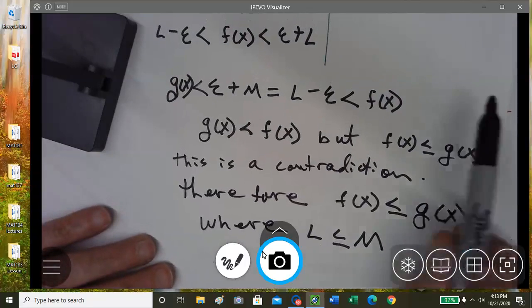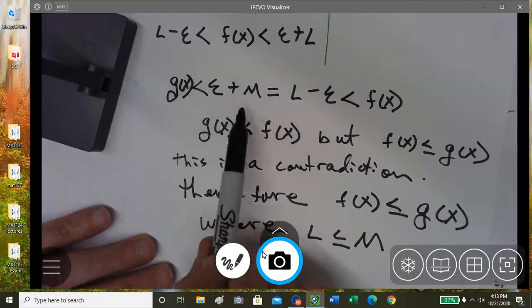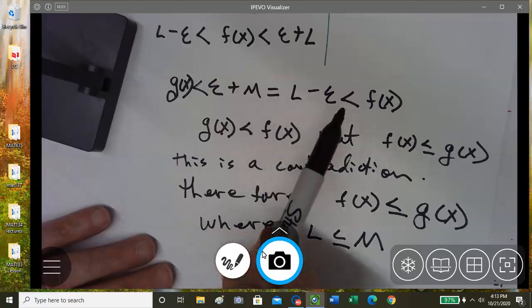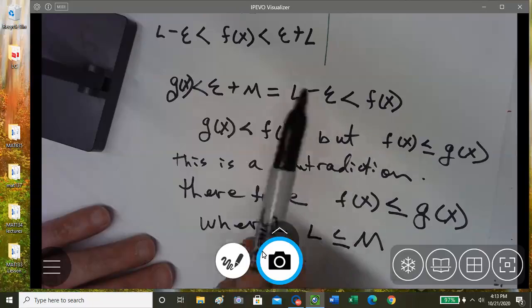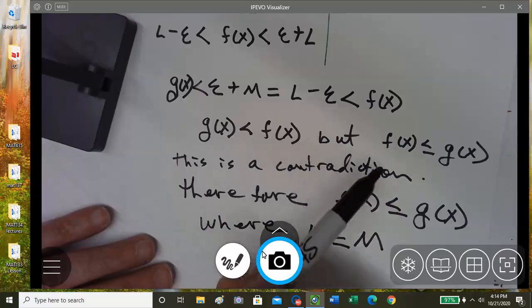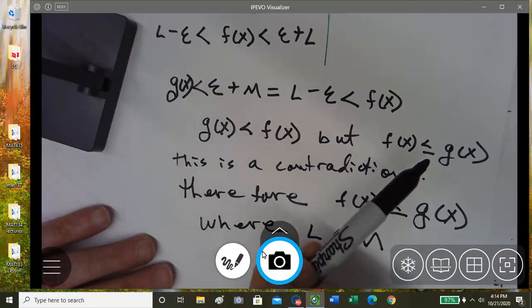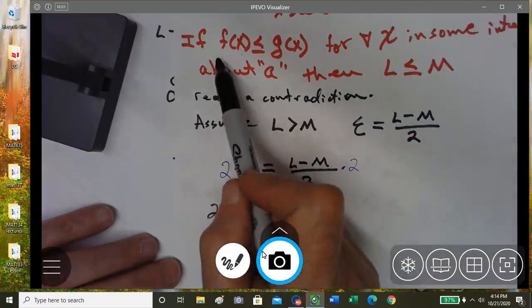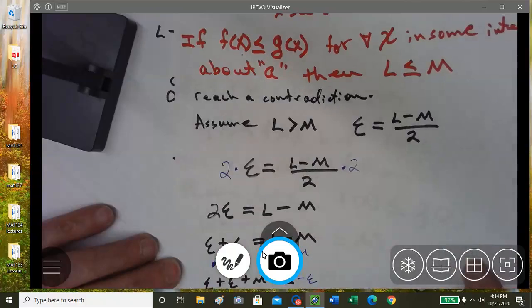So since g of x is less than epsilon plus m, and epsilon plus m is equal to L minus epsilon, and L minus epsilon is less than f of x, then g of x must be less than f of x. But that's a direct contradiction to what our original statement was, which was f of x is less than or equal to g of x.